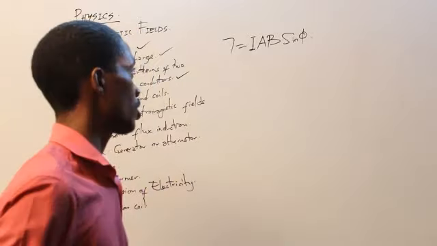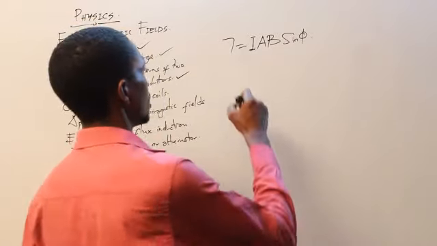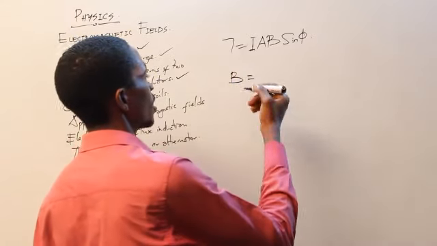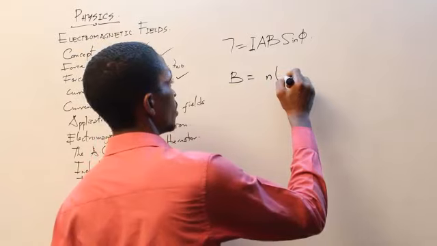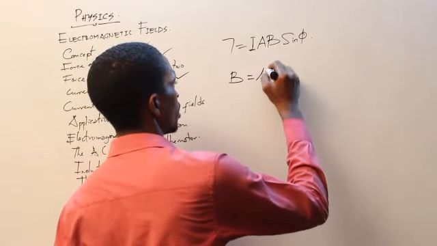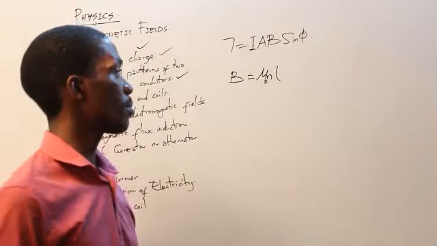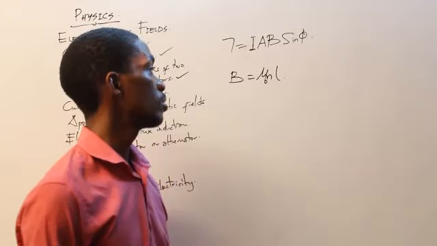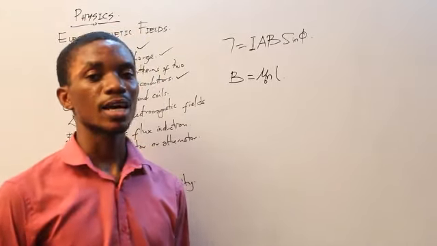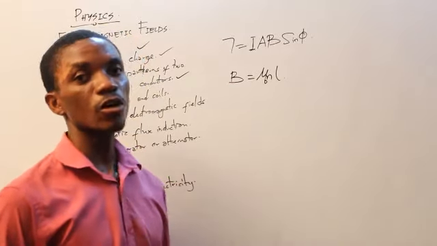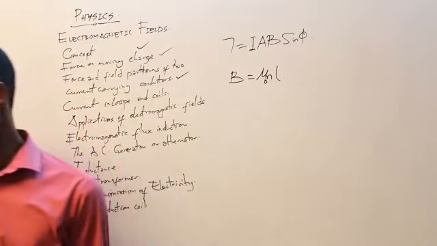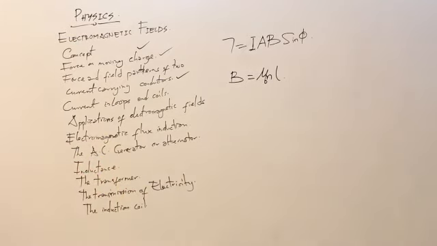When you're using your solenoid coil for the production of electromagnets, then your B can be calculated as mu N L, where mu, of course, remains the permeability of vacuum, N is the number of turns, and L is the length of the solenoid coil.